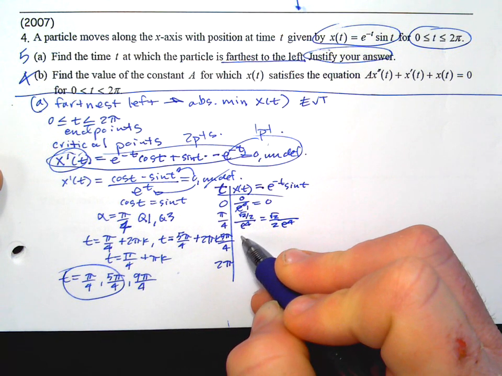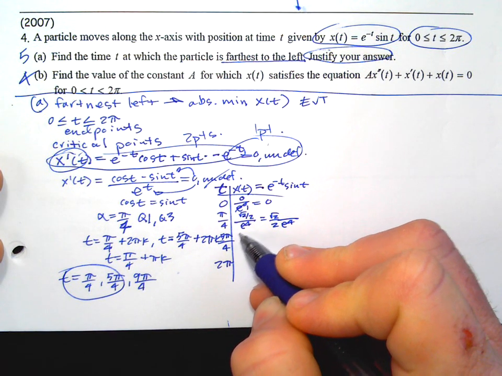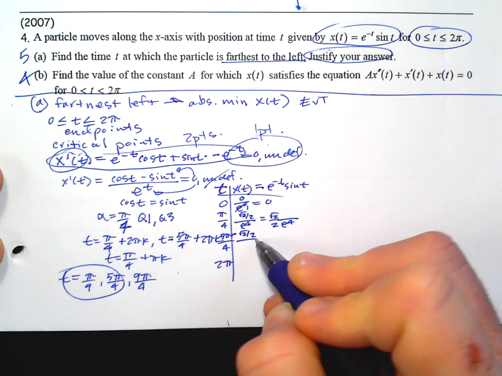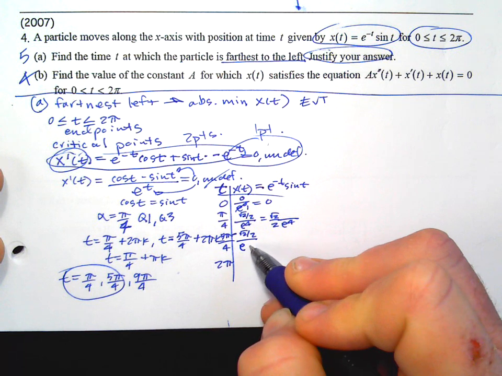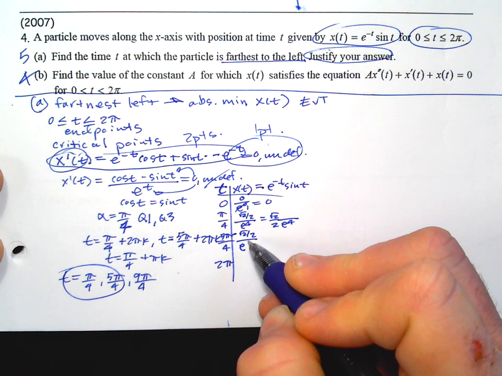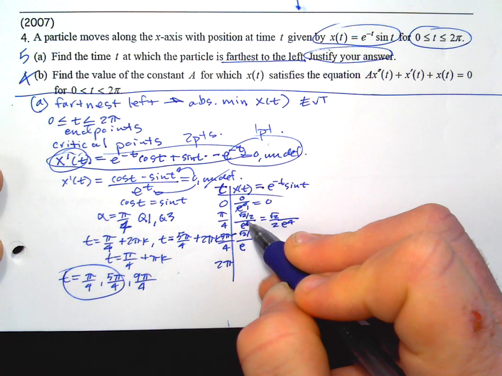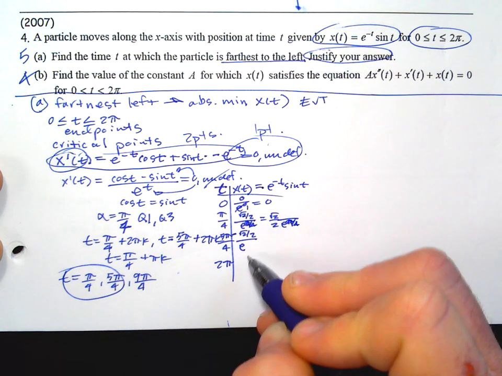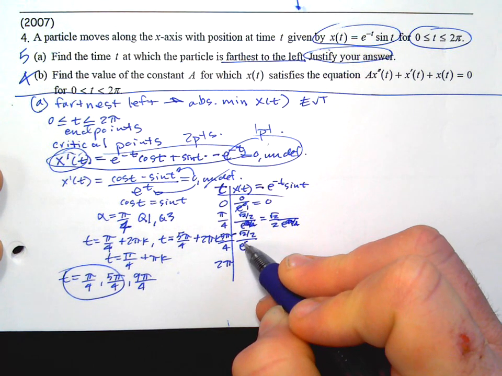5 pi over 4, sine of 5 pi over 4 would be root 2 over 2, but it's in third quadrant, so it's negative over e. Shoot, I see I messed that up. This should be e to the pi over 4. 5 pi over 4.